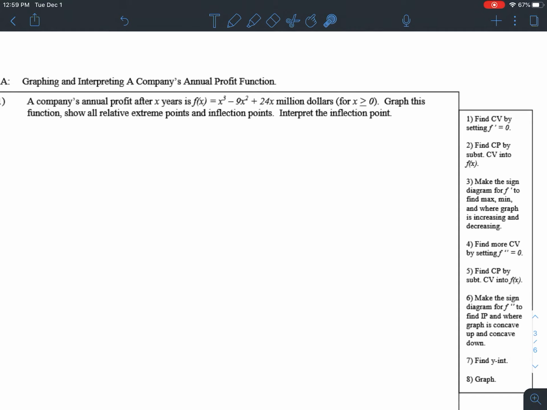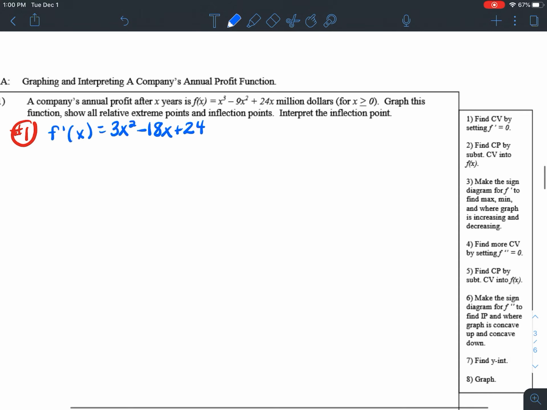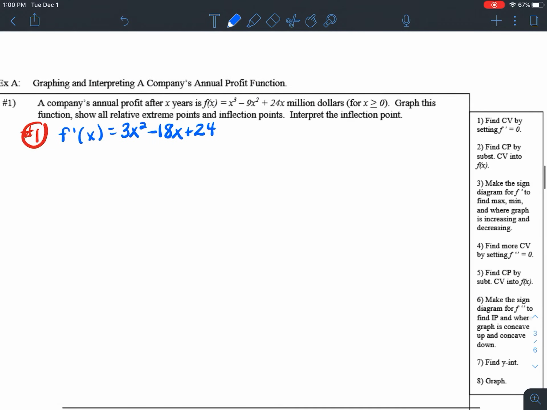We want to graph this function by hand. So our initial step, I'll label this step number 1, is to take the first derivative. Pretty easy function to take the first derivative of with the power rule. This feels exactly like what we had done in the past.